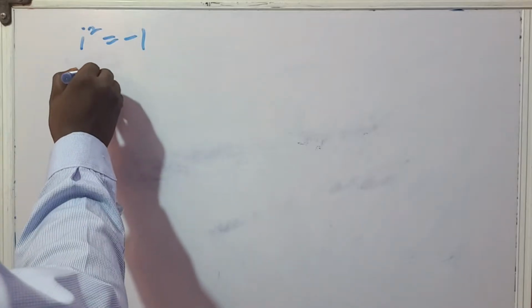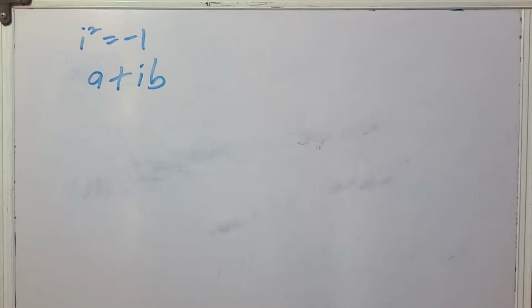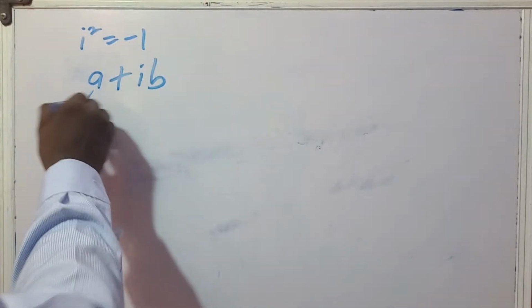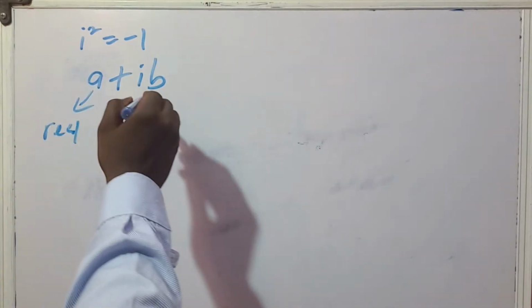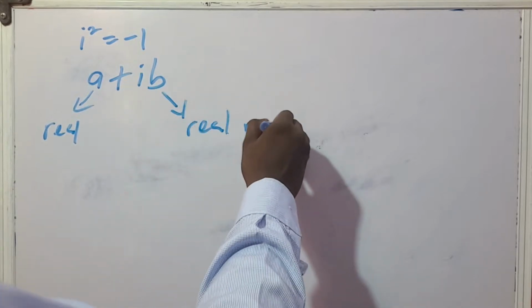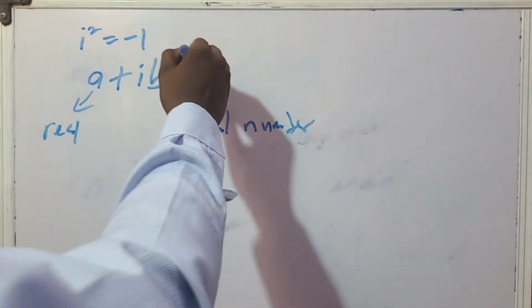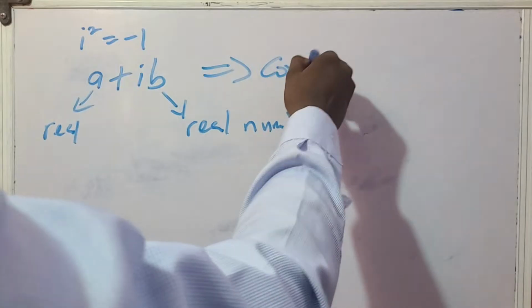Now, when we have a number of the form a plus ib, in this case, a is seen as a real number, b is also a real number. This is what we call a complex number.